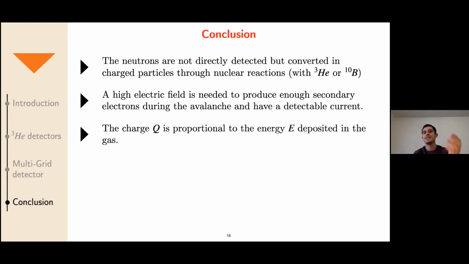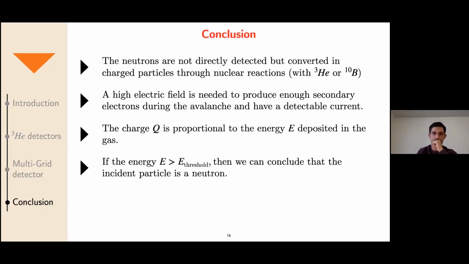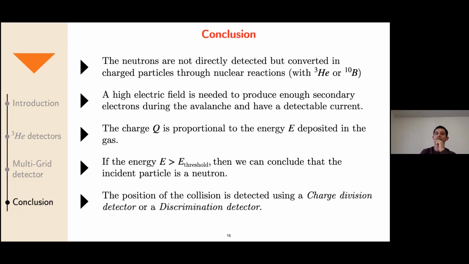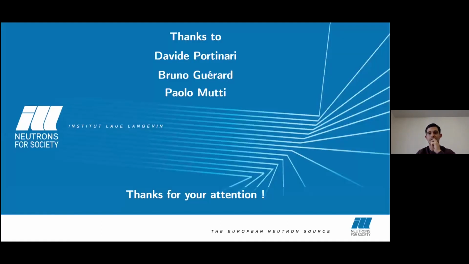We are going to integrate this current to have access to the total charge, Q, which is proportional to the energy E deposited into the gas. And if this energy is higher than the threshold energy, which makes a distinction between the gamma and the neutrons, then we can conclude that the incident particle is a neutron. And we can have access to the position of the collision by using a charge division detector or a discrimination detector.